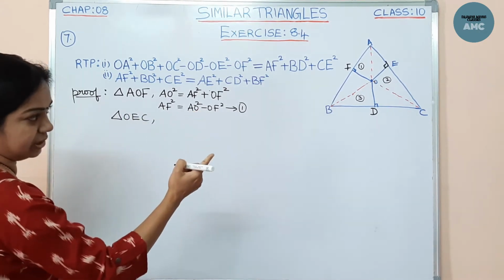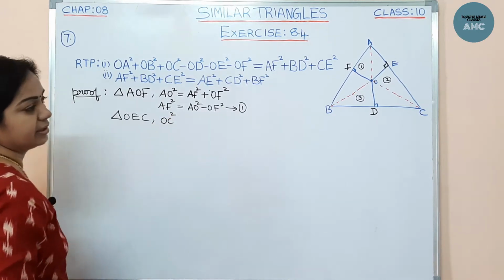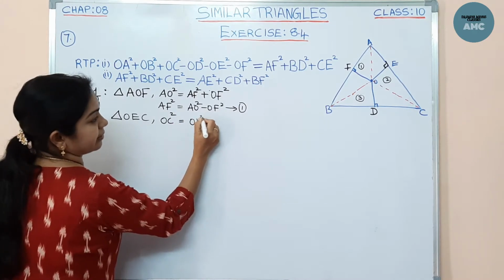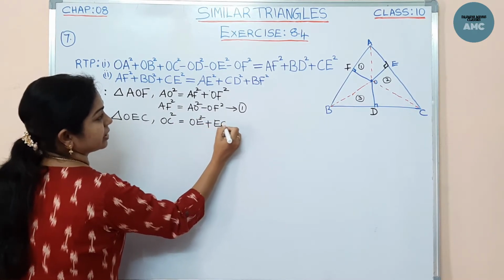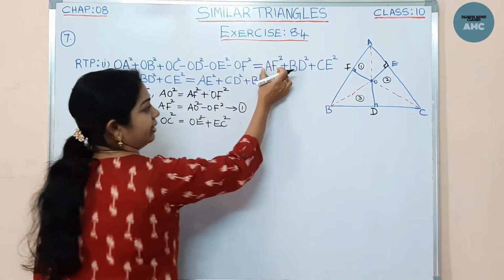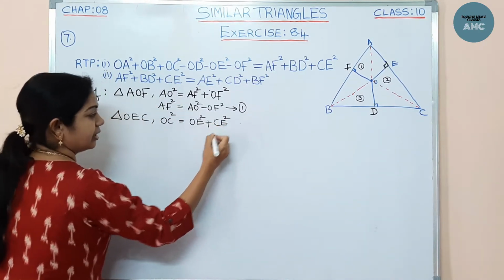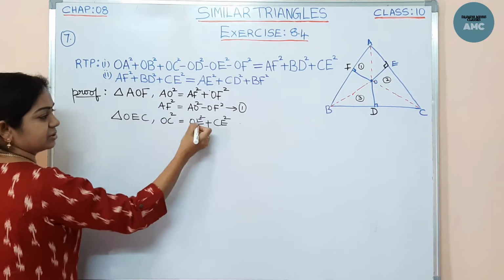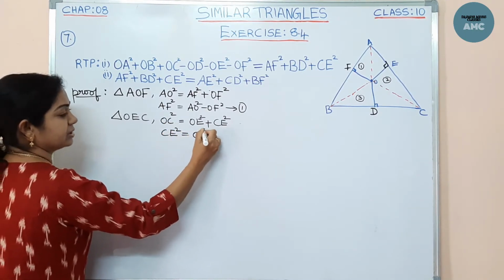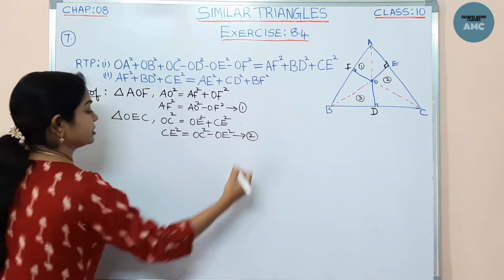The side opposite to the right angle is OC, so OC square is equal to OE square plus EC square. CE or EC, one and the same. Let's write CE square. I'll keep CE here and bring this to the other side, and it becomes subtraction: CE square is equal to OC square minus OE square. This is equation 2.